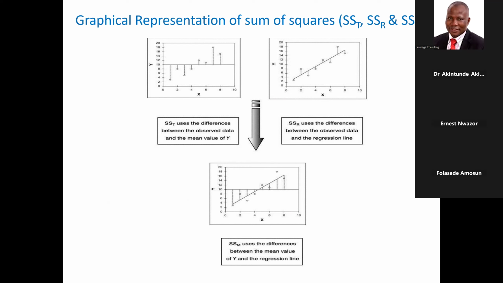It means that the mean is a poor predictor. The mean is too far from most of those values. It's the poorest. Now you say, okay, it is obvious that the regression line is better. But you want to evaluate the regression line.